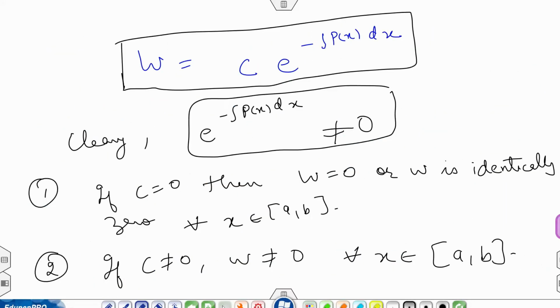Now we will prove another important lemma, which shows that if y1 and y2 are linearly dependent, then their Wronskian will be 0. And if the Wronskian is 0, this means that y1 and y2 are linearly dependent functions. So let us write down lemma 2.